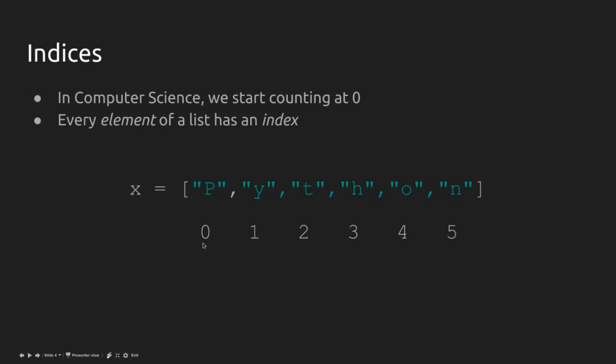When I explain this to students, I often talk about indices as addresses on a street. We start from 0 and we go down the row. The syntax for accessing a specific value is the name of the list, square brackets, and then the index that you want, and that will return the specific value that you want.